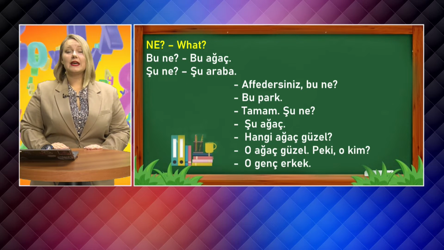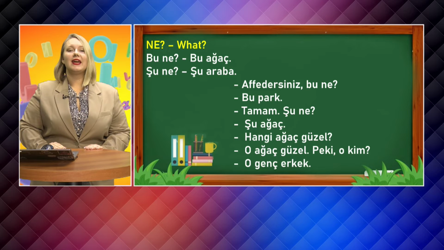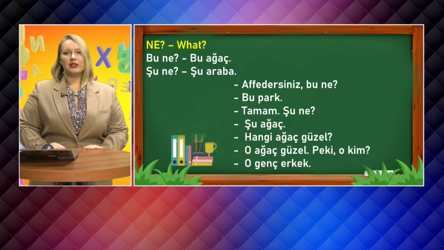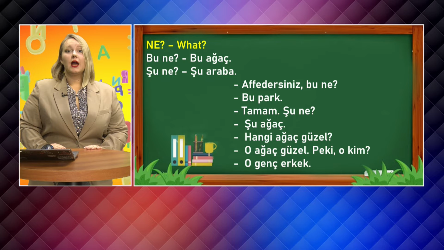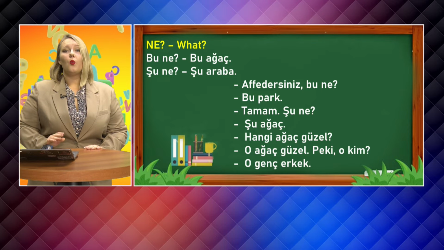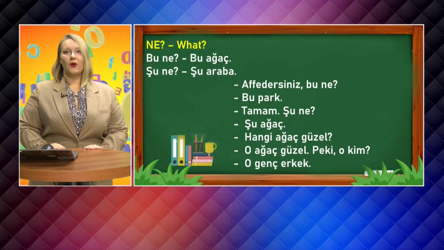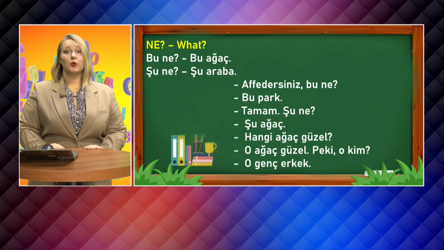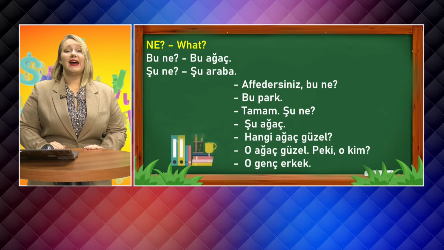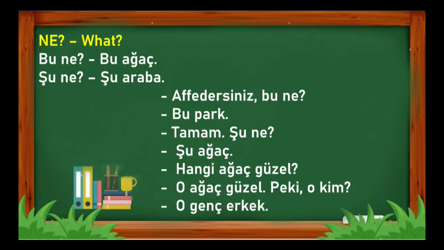Our last but not the least question is ne, which means what in Turkish. As an example, bu ne, what is this? Bu ağaç, this is a tree. Or şu ne, what is that? Not far. Şu araba, that is a car.